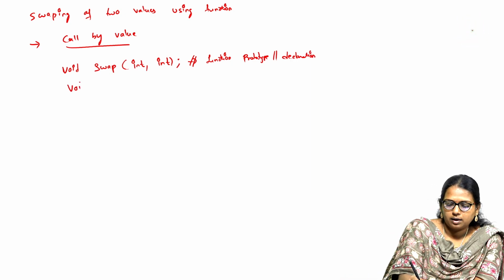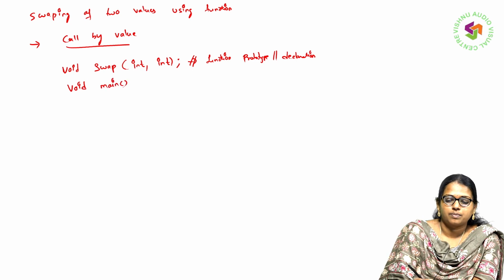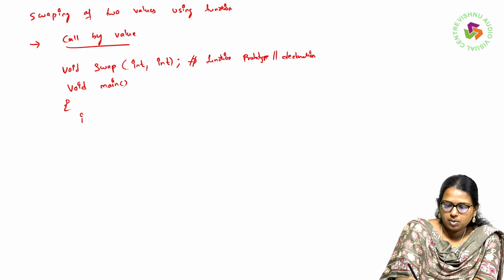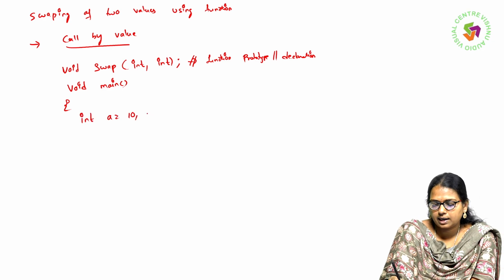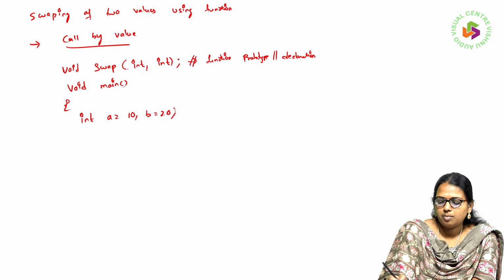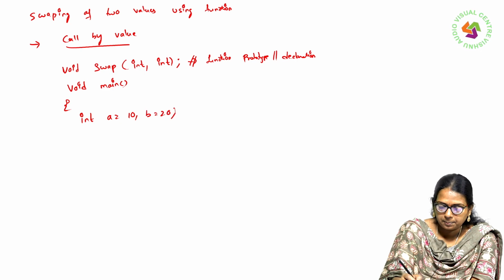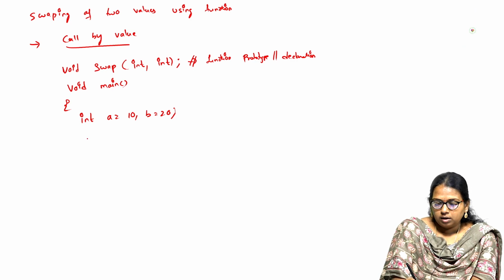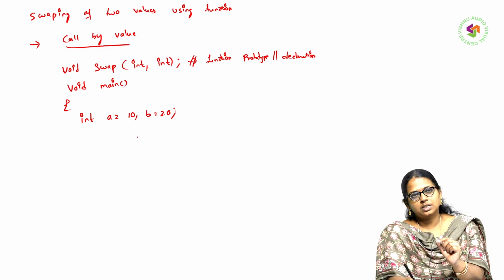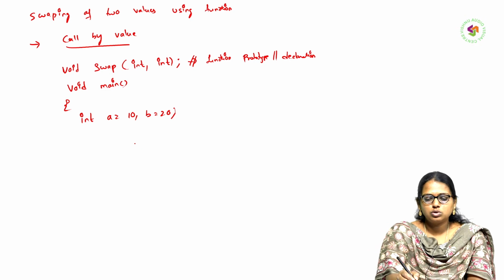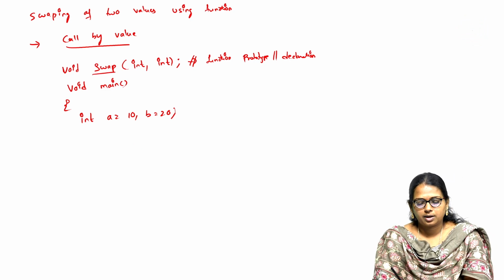Now defining the main function. In main, I have two values, a equals 10 and b equals 20. Now I want to swap these a and b values using the swap function.